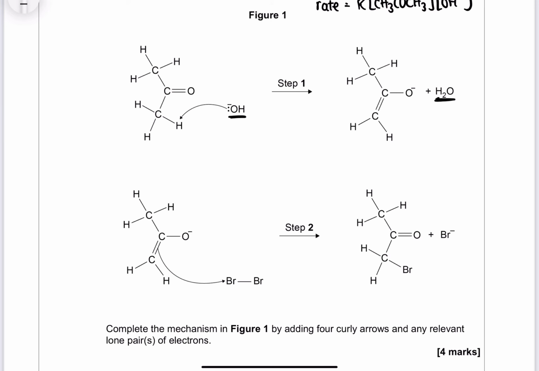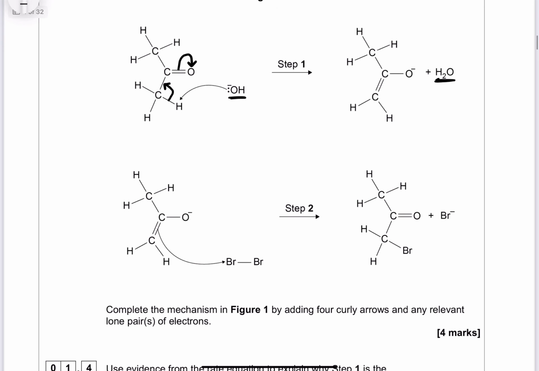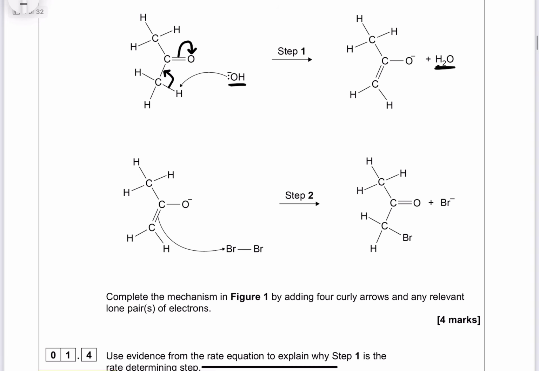So this hydrogen that is being fetched by the hydroxide ion is falling off, and it's using its electrons to create the double bond, and then we're going to open the double bond between the C and the O to make an O minus. Then what we want to have a look at is how the next step differs. We can see that we're making a C double bond O, we're making a CBr, and we're leaving a Br minus.